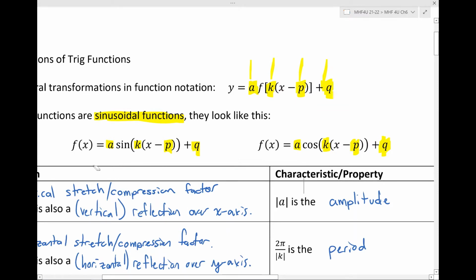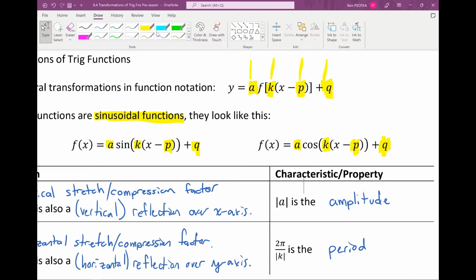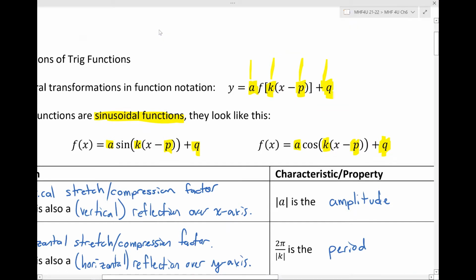As has been a common pattern so far, the horizontal transformations, which come from K and P, happen inside of our base function, in this case sine or cosine. The vertical transformations are applied outside of this base function, and those are given by A and Q.